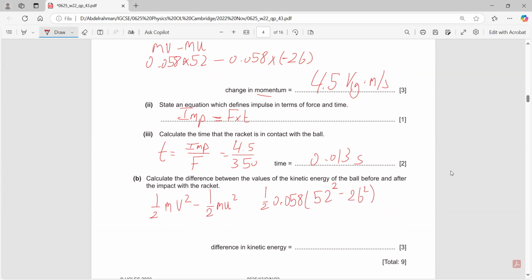Times 52 squared minus 26 squared, which is around 58.8 or 59 joules. 59 joules. Okay.